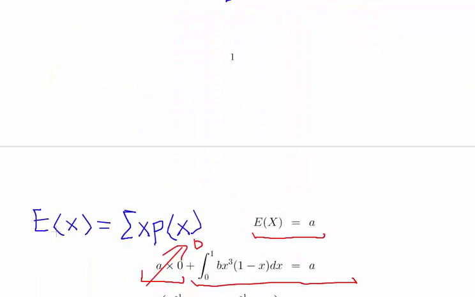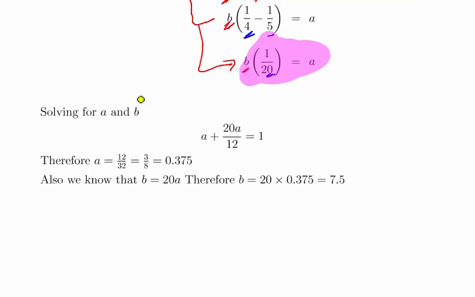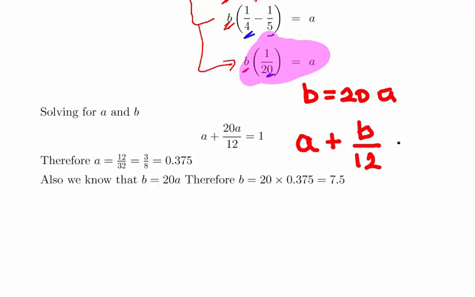Essentially what we can do is combine them into one single expression. What I've done there is re-express this as b equals 20a. And just above we had a plus b over 12 equal to 1.